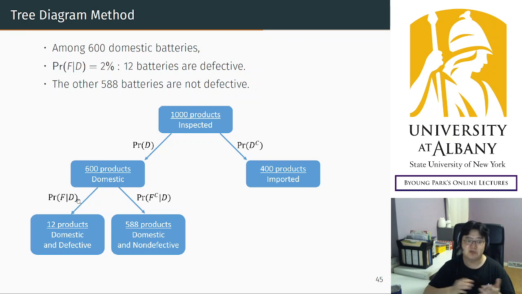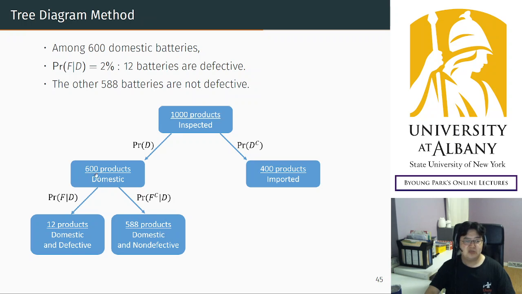So we can use that probability. 2% of 600 batteries, 2% is 12. So if you inspect 600 batteries, 12 would be defective, and the other 588 batteries will be non-defective. They must sum to 600 because you are simply classifying the batteries, right?